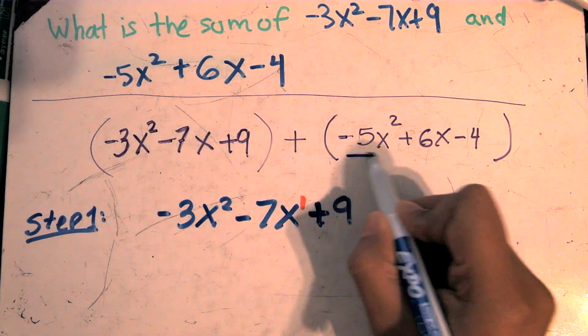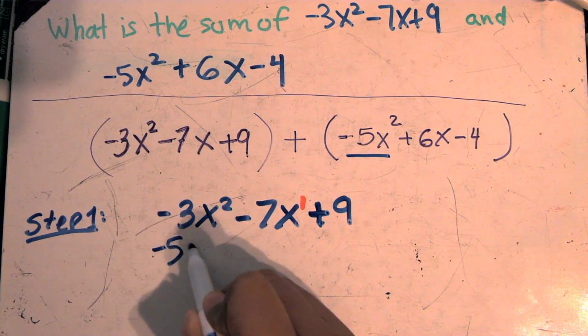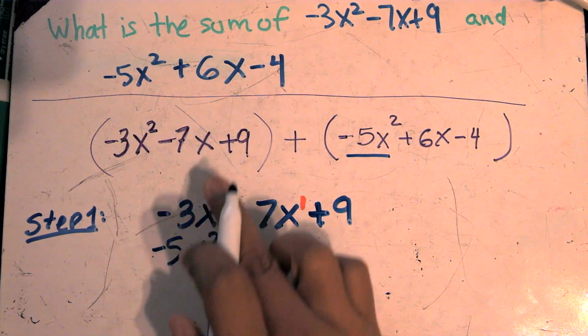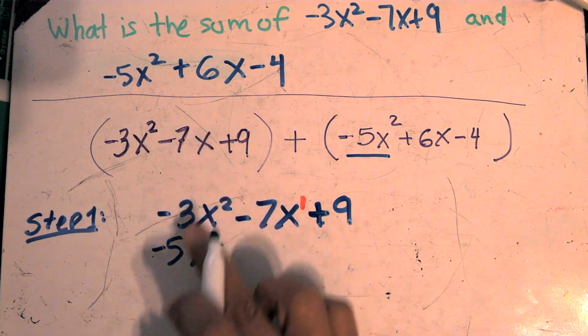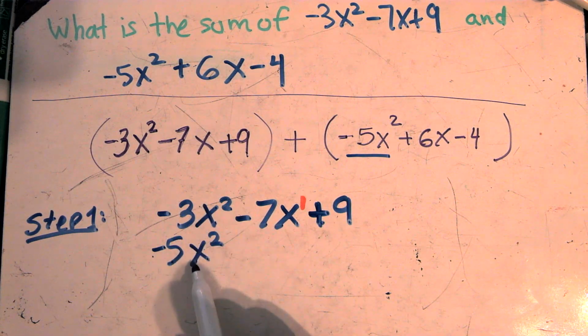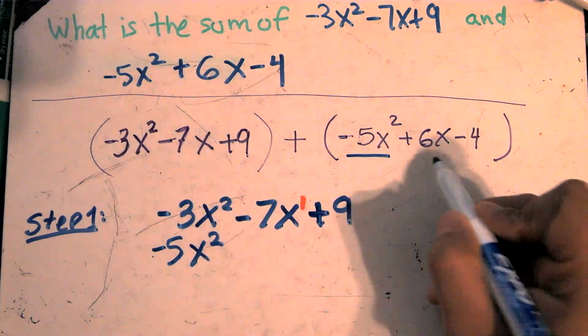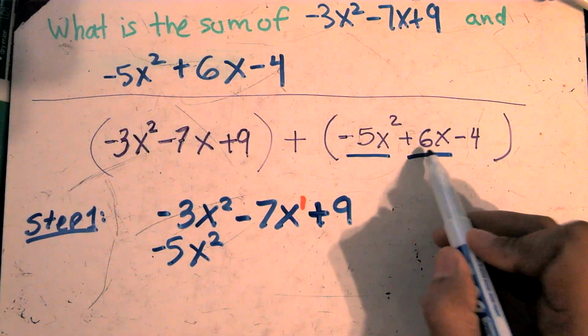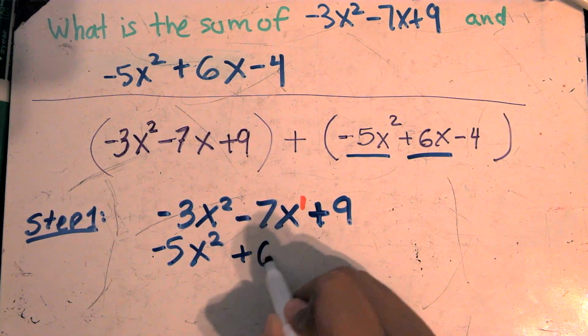Then I'm going to take the second polynomial and I'm just going to rewrite it underneath this other polynomial. I'm going to bring down the negative 5x squared, underneath the x squared term, so they're like terms. They have the same variable and the same exponent. Then I'm going to bring down the x term, and it's a plus 6x.